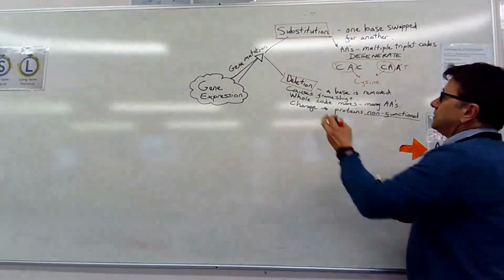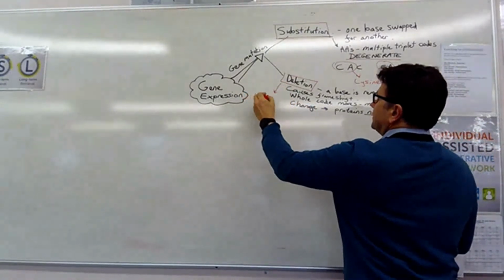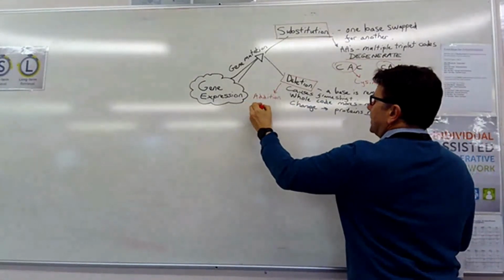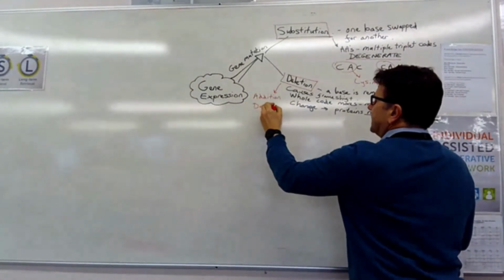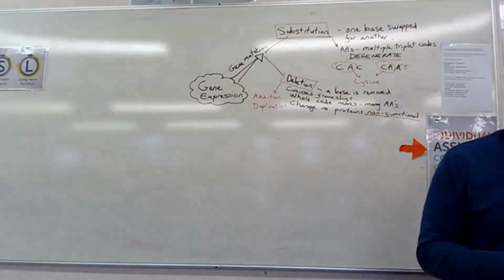Others that will change the amino acid are addition and duplication. Addition is where they add, or duplication is where you copy the same bases. That does cause frame shifts, so they're pretty bad.